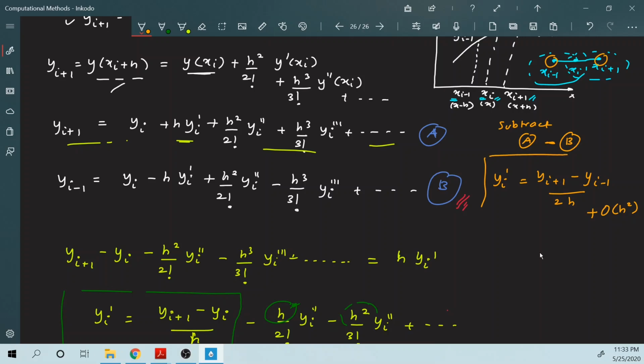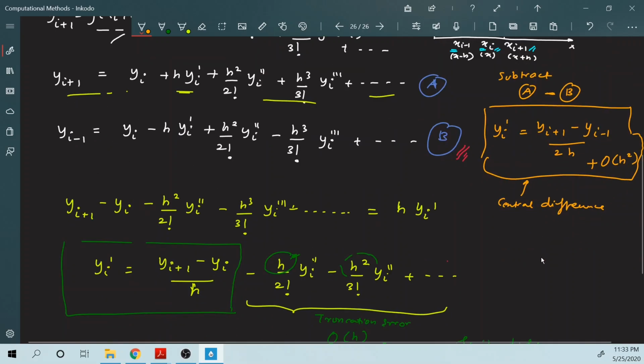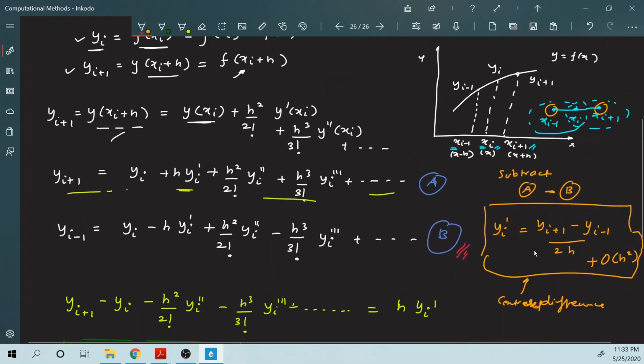This is the centered difference scheme, using the point ahead and the point behind.